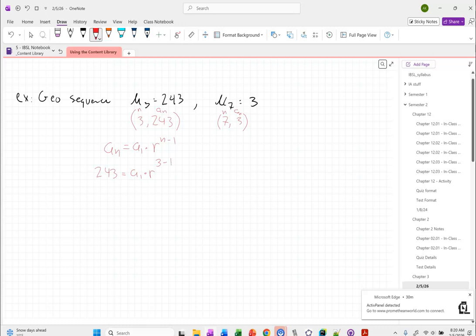And I'm going to also take that other n and a sub n and plug them in. That's going to form a system of 2 equations. I'm going to do a little bit of cleanup there and just subtracting the exponents.